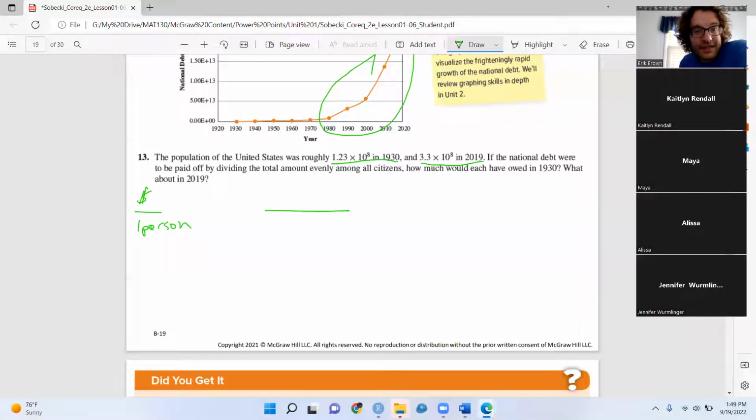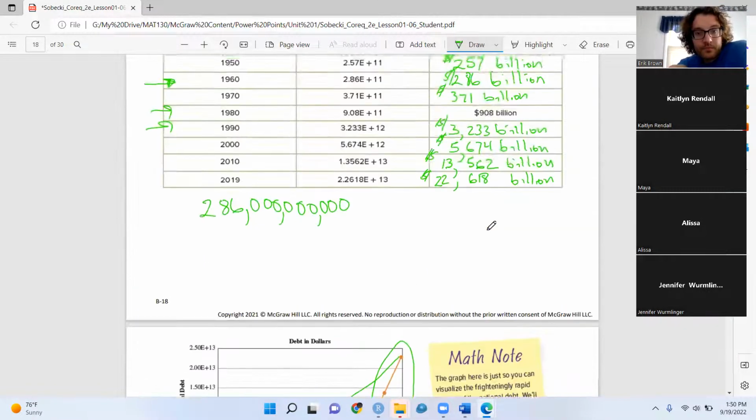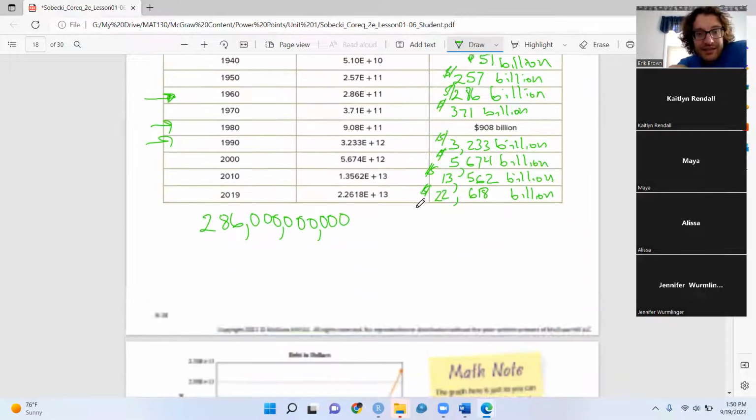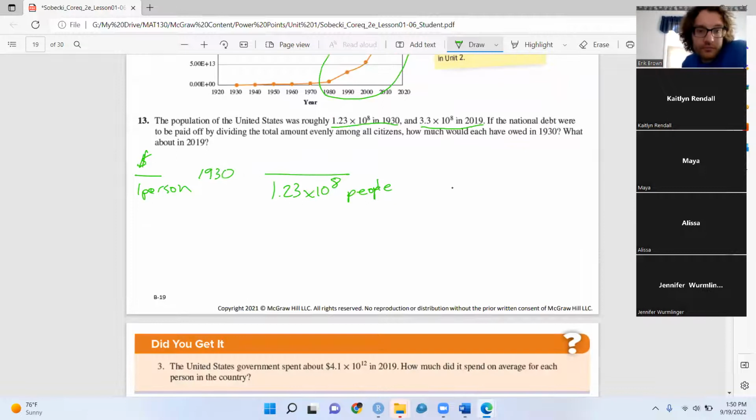So for 1930, the number of persons, and I don't know where he got this number, is this 1.23 times 10 to the 8 people. And then the debt there back in 1930 was this 1.6 times 10 to the 10th.